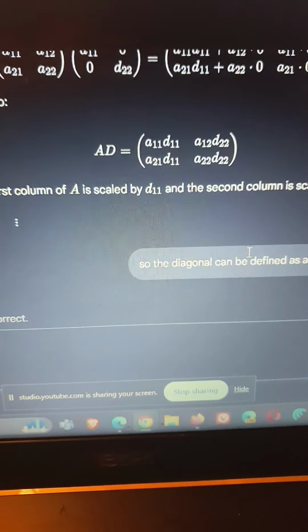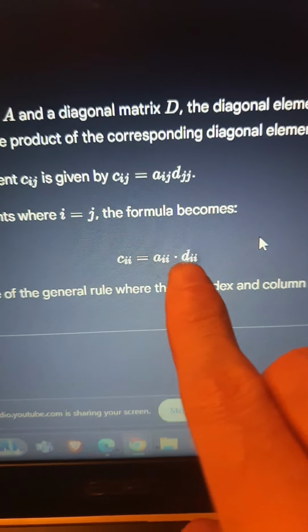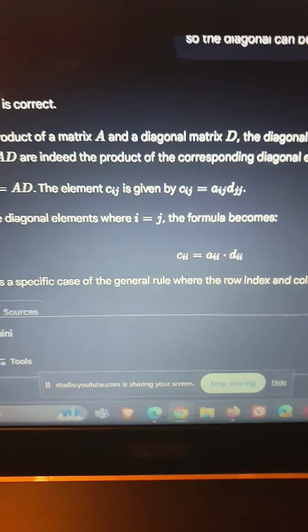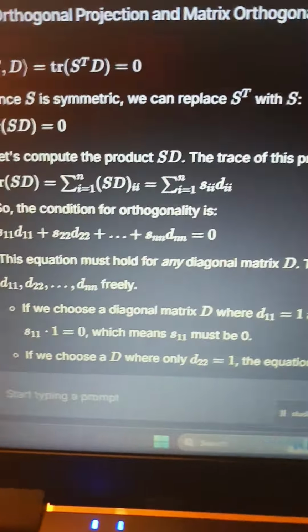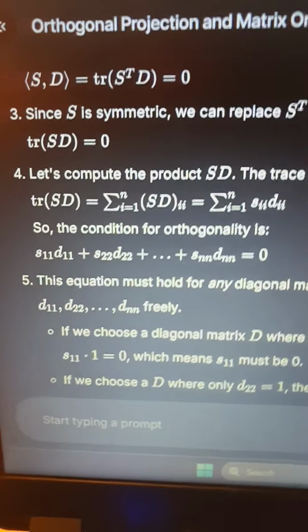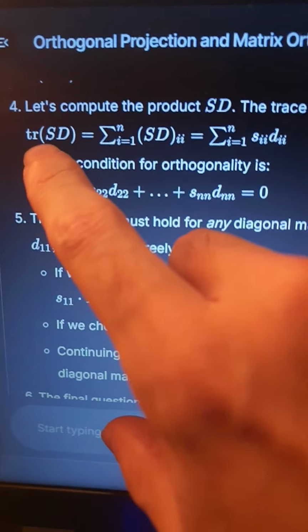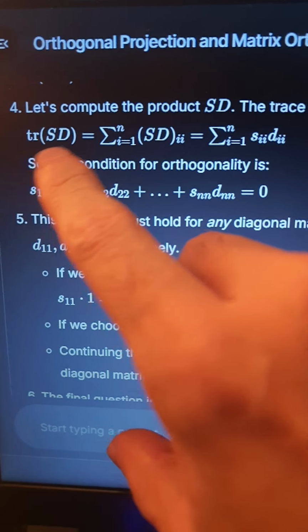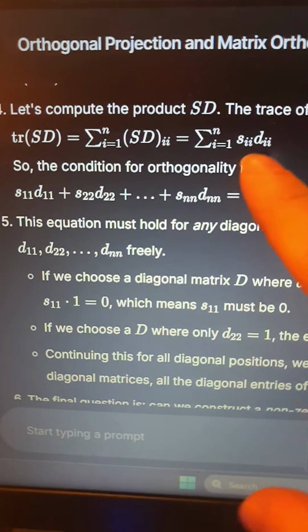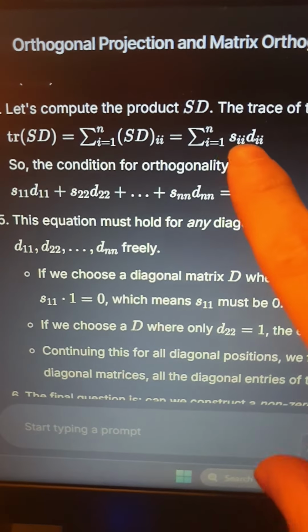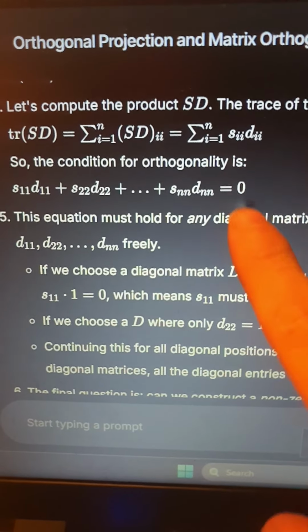It means that on the diagonal, what you will have is just AII DII, this multiplication. Why does it help us? Because when we are looking at the inner product, we are talking about a trace, and trace is just the diagonal values. So we want SII DII to be 0.